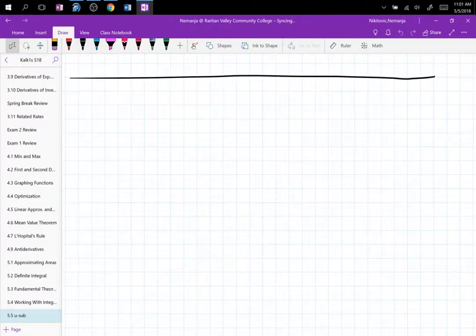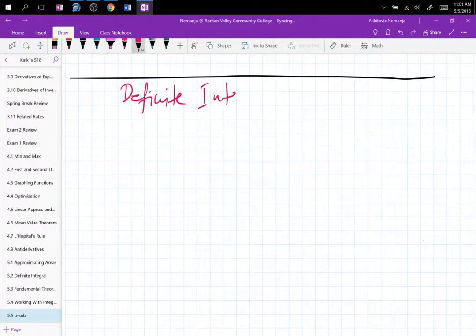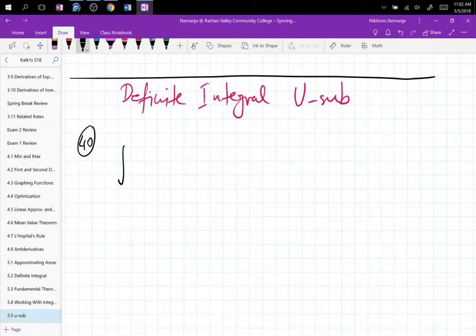So definite integral. Let's do 40. That's one of the cheapest problems we can find.